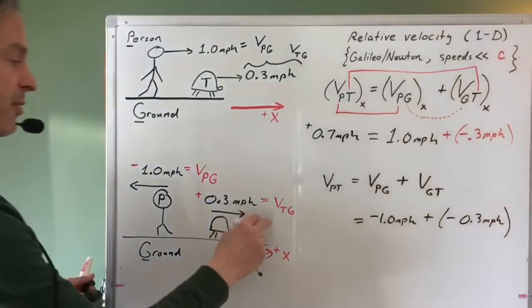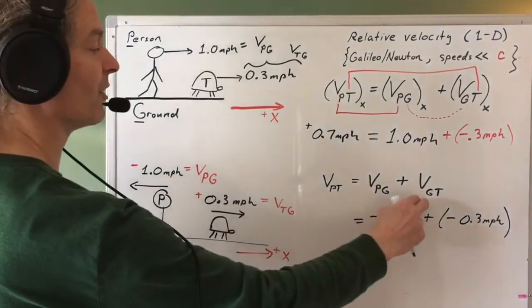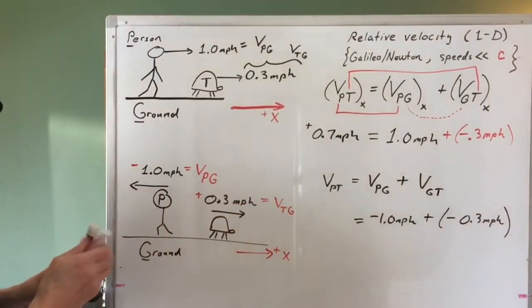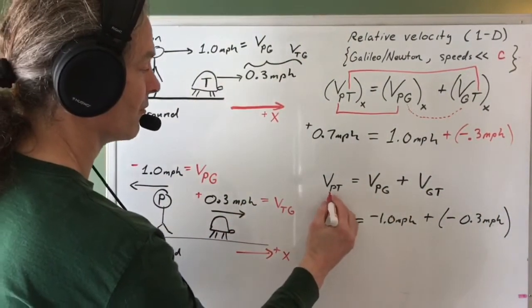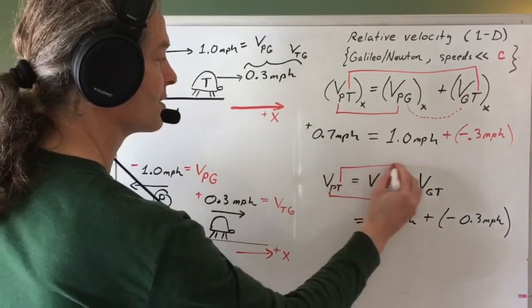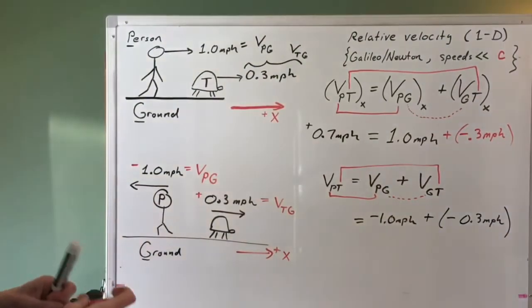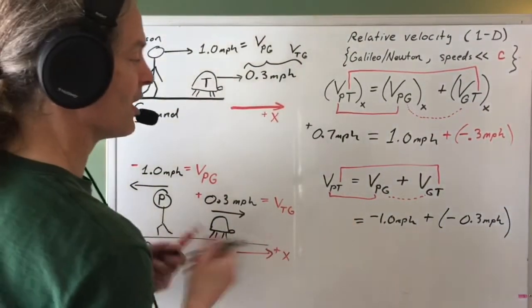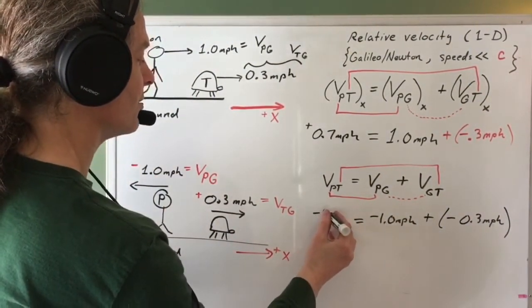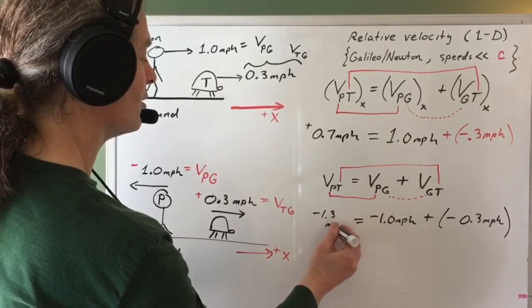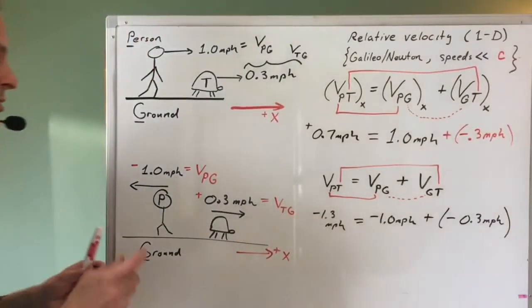I can't just plug in the turtle relative to the ground. I need the velocity of the ground relative to the turtle. Why? Because I need to match these subscripts up: first one, second one, and then these have to match. When I add those up, I get minus 1.3 miles per hour for the velocity of the person relative to the turtle.